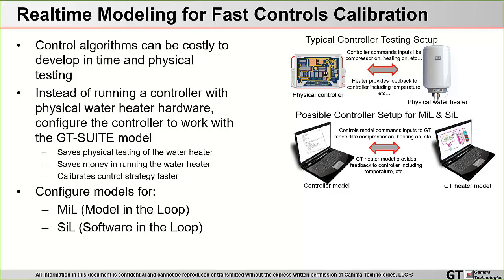And you can also find the control strategy faster. And this is via methods like model in the loop and software in the loop, where the controller is in some sort of either a model or the controller software, and that can be integrated directly with the virtual model of the water heater instead of using the physical water heater.